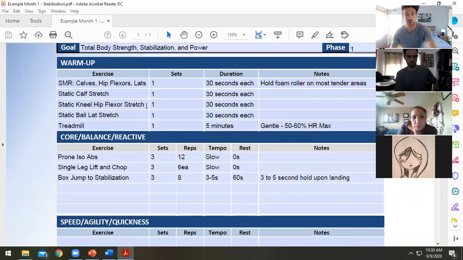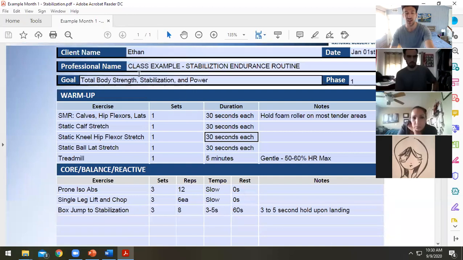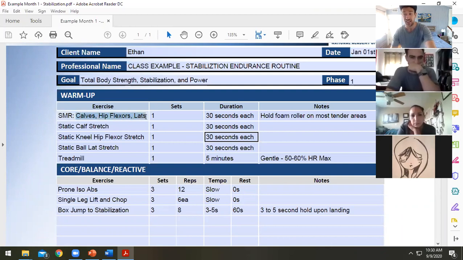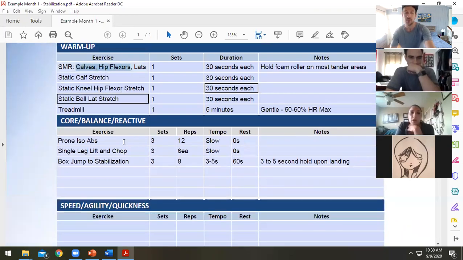If you notice, we're focusing on total body strength and stabilization as power. We've foam rolled their calves, hip flexors, and lats. If the calves and the hip flexors are both overactive, this is probably a person who has an excessive forward lean when they squat.